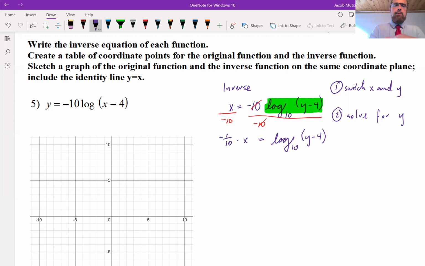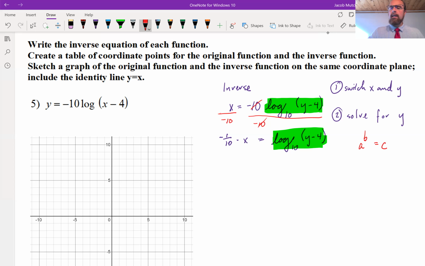So I see at this point that my logarithm base 10 of y minus 4 is by itself. And so now I can make a conversion. Recall that conversion between a logarithm and an exponential. If I have the form, let's write it as an exponential first, a to the power of b equals c.